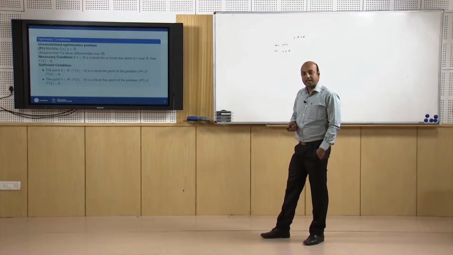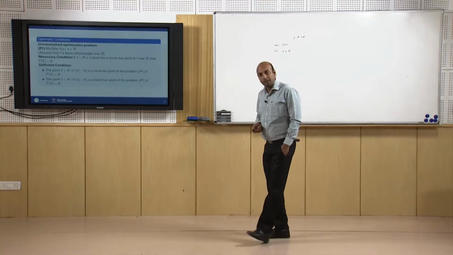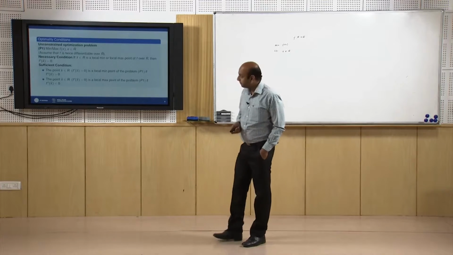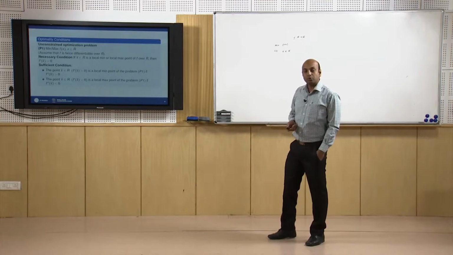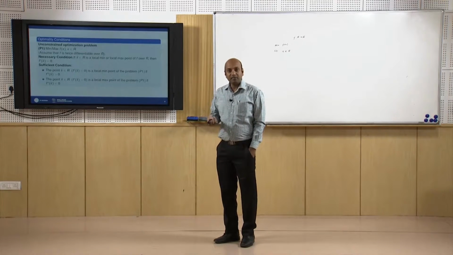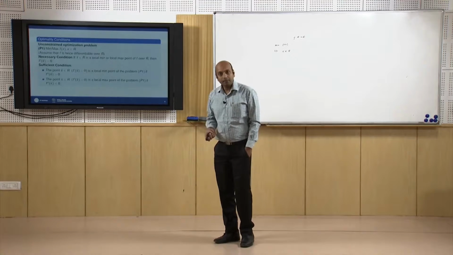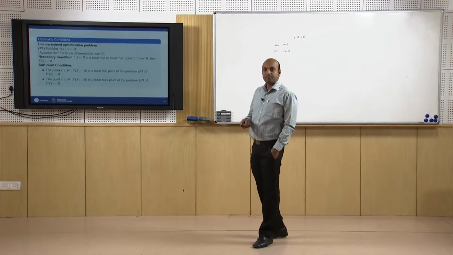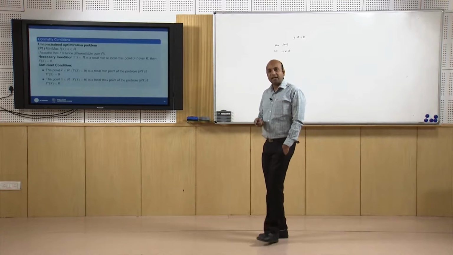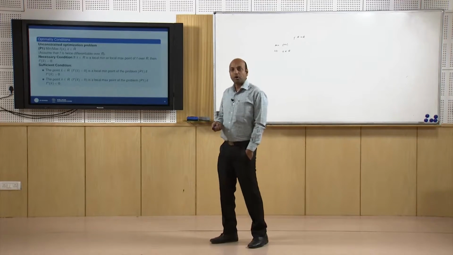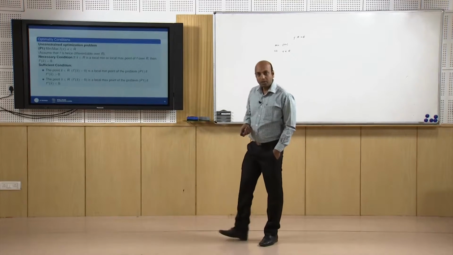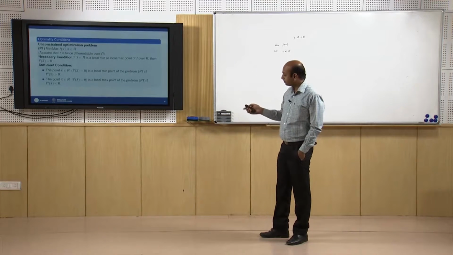So, if x bar is a point of local maximum or local minimum, then at that point the first derivative is always 0. What is a sufficient condition to see whether that point is a point of local maximum or local minimum? We find the second derivative at x bar. If the second derivative at that point is positive, then that point is a point of local minimum, and if the second derivative at that point is less than 0, we call that point a local maximum point.